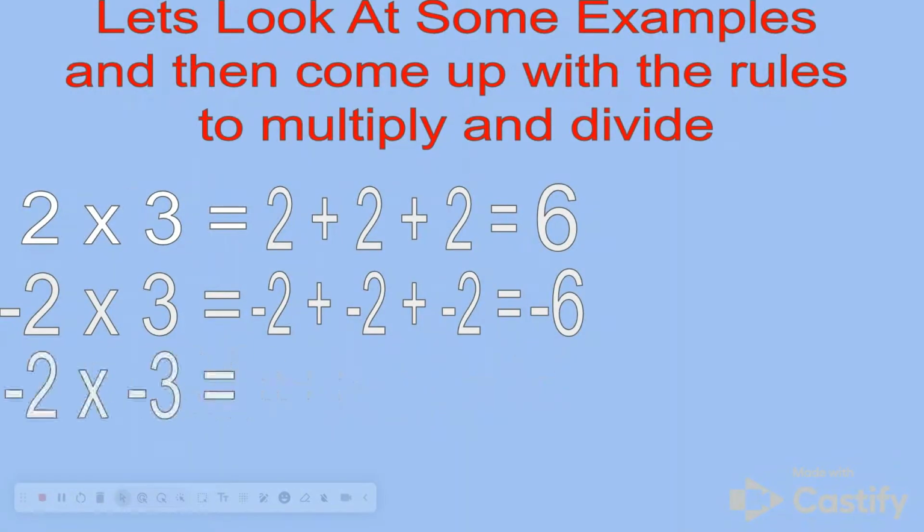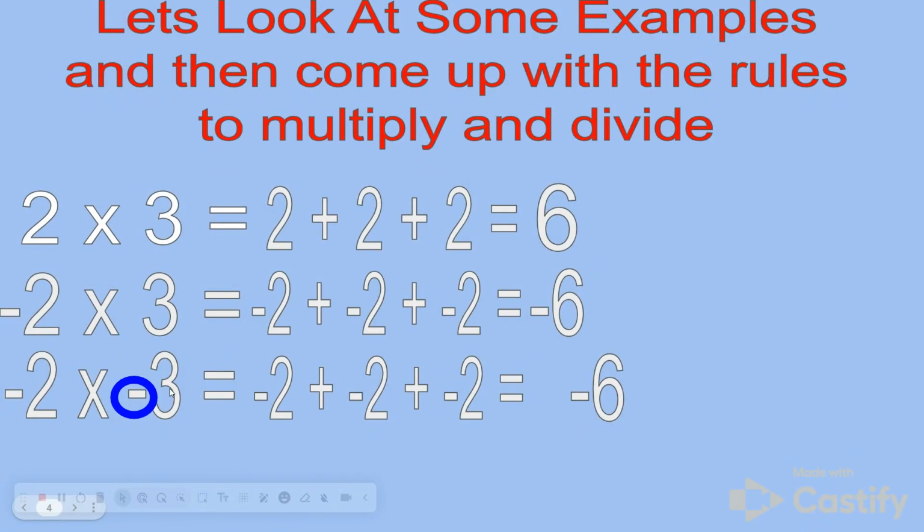Now if they're both negative, negative 2 times negative 3, we're still going to do negative 2 three times. So it's still negative 2 plus negative 2 plus negative 2, which gives us negative 6. However, in this example there is an extra negative sign that we haven't used yet. We used the negatives for negative 2 three times, but we still have this negative sign that we need to use. That negative sign is going to carry over to our answer.